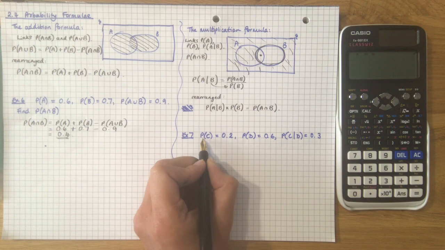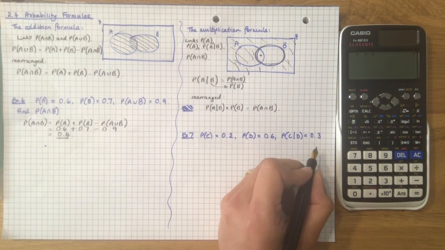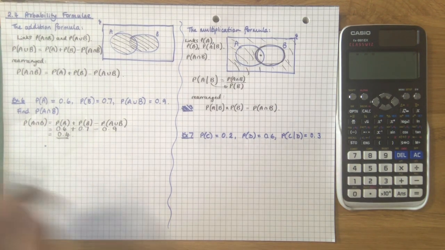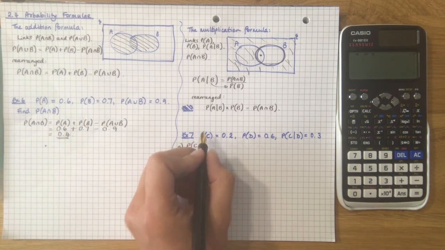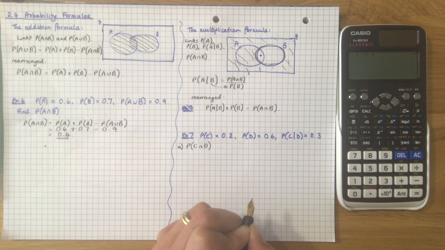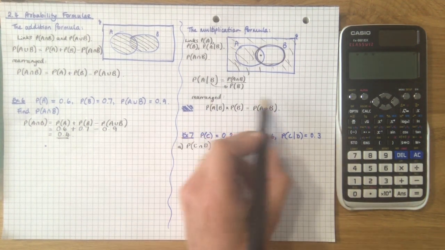We are told that the probability of C is 0.2, D is 0.6, and C given D is 0.3. Using that information, we are asked to find a few things. First of all, what's the probability of C and D? Do we have enough information to use this formula here?